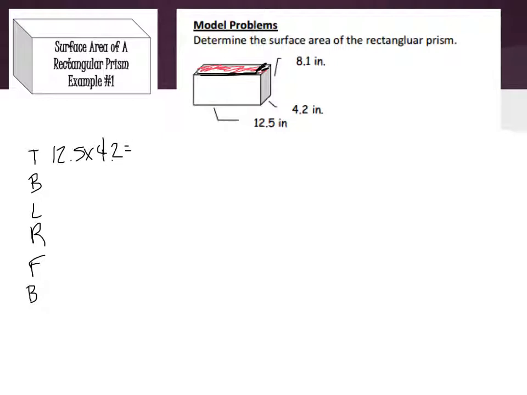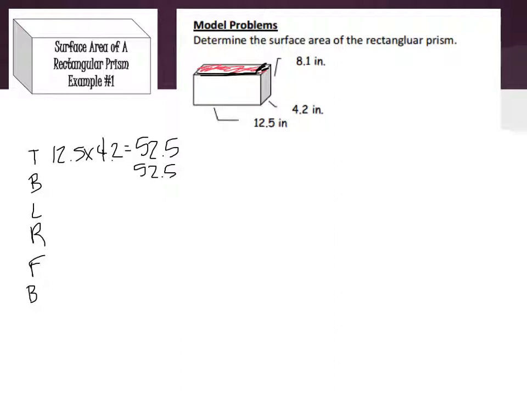That gives us a total of 52.5 square inches. Now, because the top and the bottom are congruent, I would know that the bottom would also have to measure 52.5 square inches. So I've got the top, I've got the bottom.